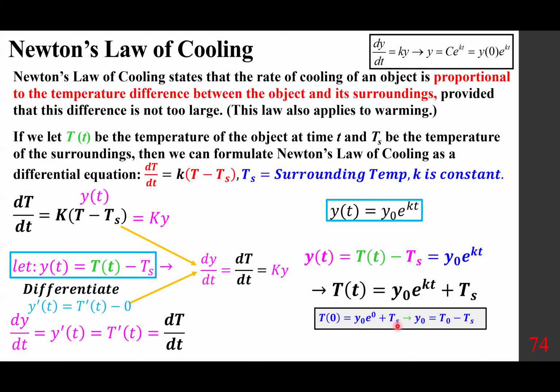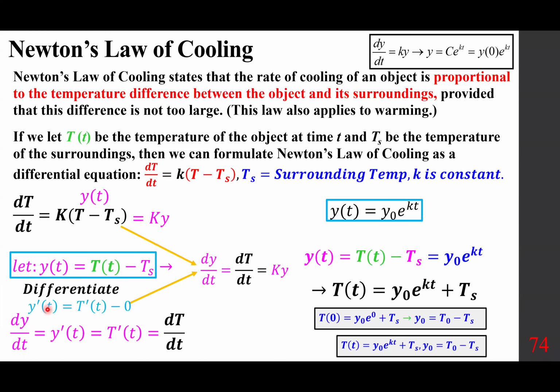So this is y sub 0 plus T sub S. Let me just make sure we understand what happens here. So T of 0 is y of 0 plus T sub S. That's what we are saying. Therefore, y sub 0, moving the T sub S, becomes T sub 0 minus T sub S. It's very straightforward.